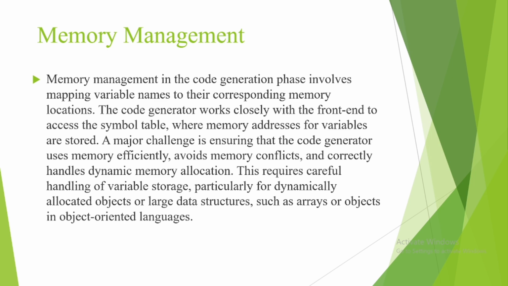A major challenge is ensuring that the code generator uses memory efficiently, avoids memory conflicts, and correctly handles dynamic memory allocation. This requires careful handling of variable storage, particularly for dynamically allocated objects or large data structures such as arrays or objects in object oriented languages.